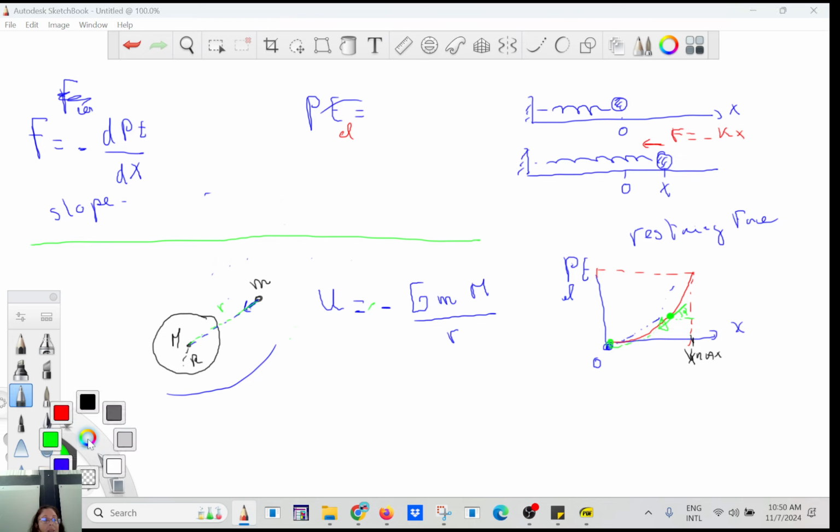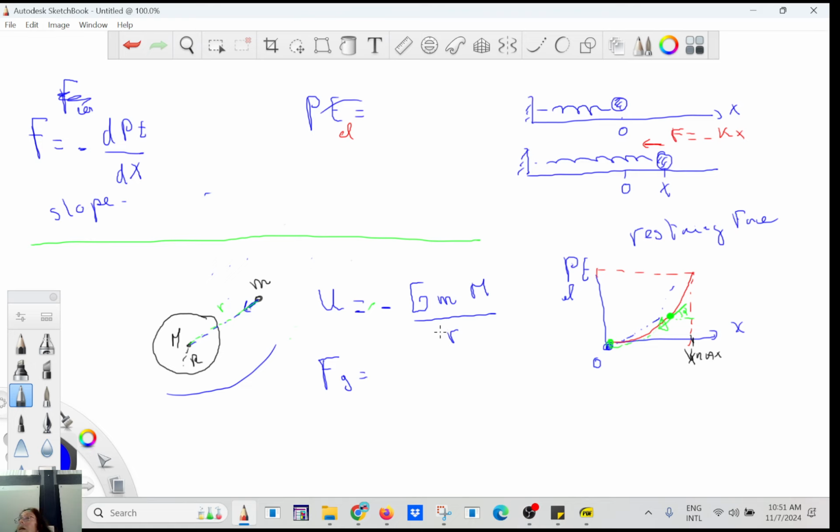Right? Okay, so how can we find the restoring force, which in that case will be the gravitational force? How do you go from the potential energy to the force? You need to take the derivative. Very good. And how do we take the derivative of 1 over r?